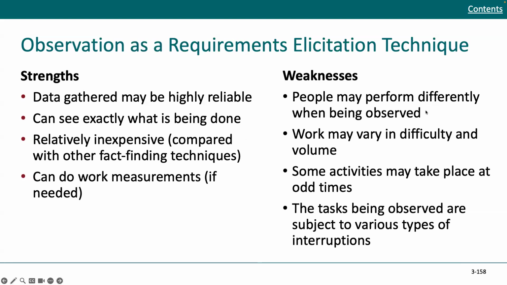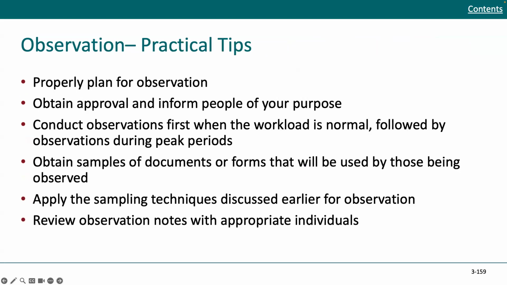Weaknesses: people may perform differently when being observed, so maybe you're not getting a true representation. The work may vary in difficulty and volume. Some activities may take place at odd times, and the tasks being observed are subject to various types of interruptions. And so those are things you have to think about.